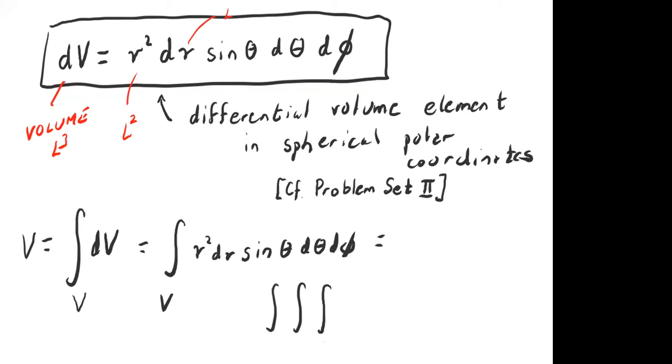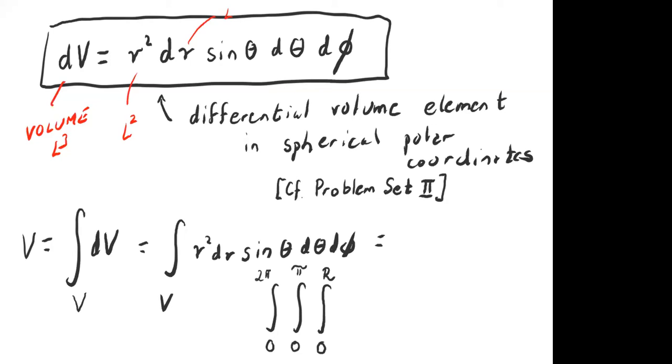The radius of the sphere, for example, would go from 0 to r. The polar angle of the sphere only goes from 0 to pi, not 0 to 2 pi. So check that, make sure you believe that. And finally, the azimuthal angle goes from 0 to 2 pi.